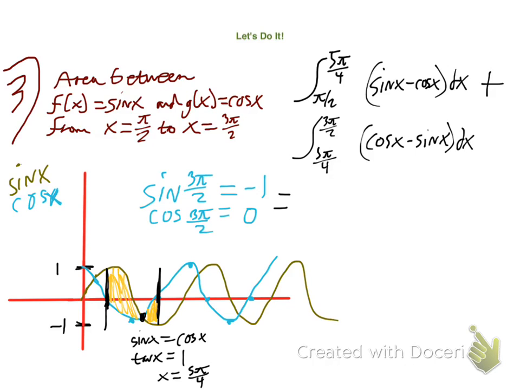You could probably solve any definite integral that would be asked of you by this point, from what you've learned so far in your class. Anyway, when you evaluate them, you end up getting 2.414 for the first one, and then the second one you get 0.414, which if you sum those up, is 2.828. Okay, and there you go.